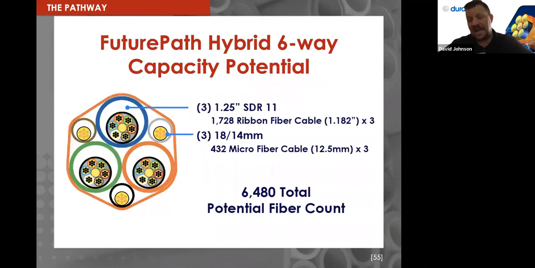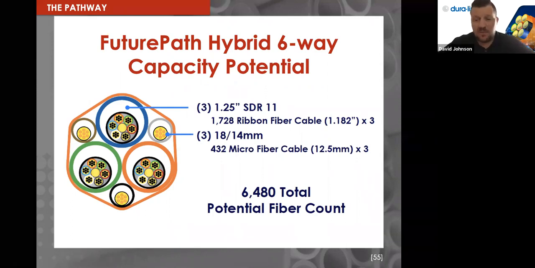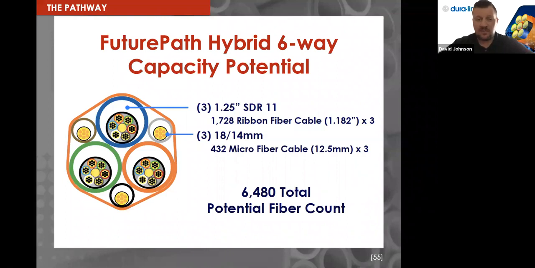And what's an eye opener for everyone is really the density, right? With the 1728, you can put a larger fiber cable in there, but the more commonly used one inside the 1.25 inches is a 1728. The density is just unreal, right? 3 times 1728, and then in each of the 1814 microducts, you can put a 432 count microfiber. That's a total of 6,480 fibers.